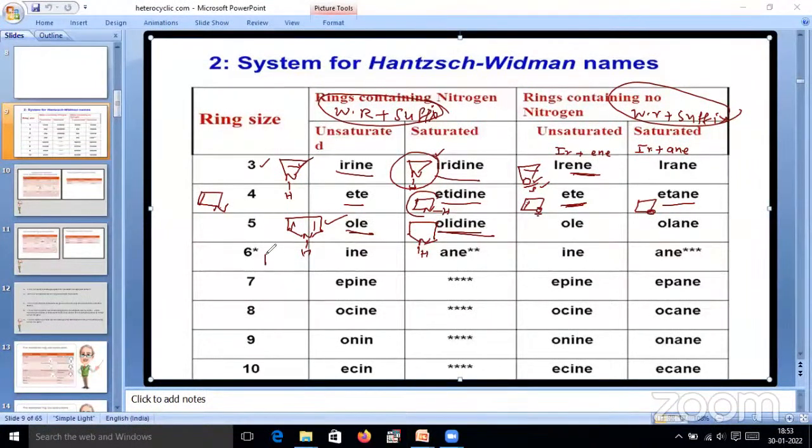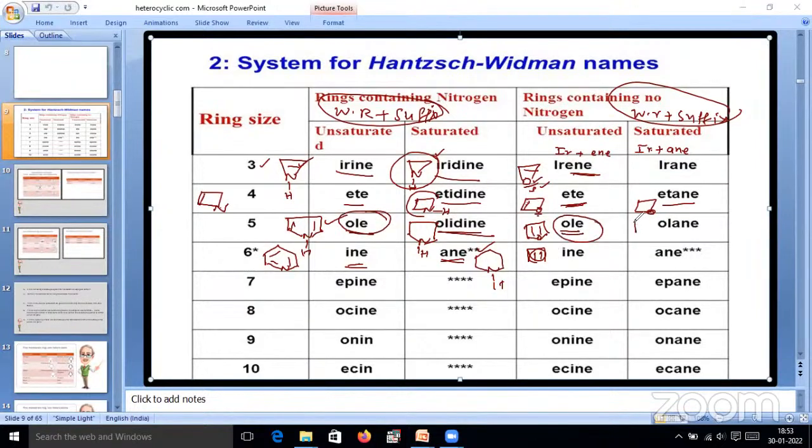Suppose if it is 6-membered system with nitrogen atom with unsaturation, you can write it as ine. Suppose saturated 6-membered nitrogen containing heterocyclic system, you can mention like ane. Without nitrogen atom, unsaturation, without nitrogen atom, you can write ole, similar to this one.